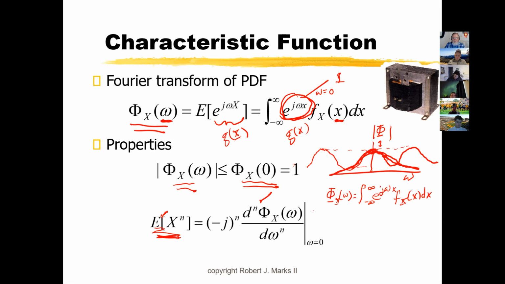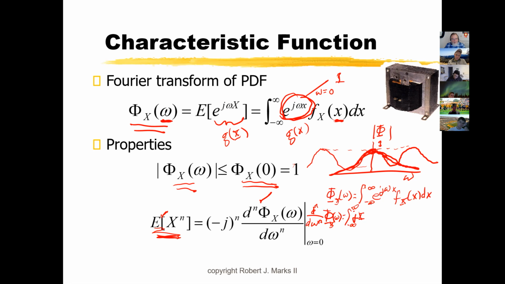And we know if we differentiate this thing n times with respect to omega, well, the only thing that's a function of omega here is this e to the j omega x. So if we differentiate this n times with respect to omega, we get jx.